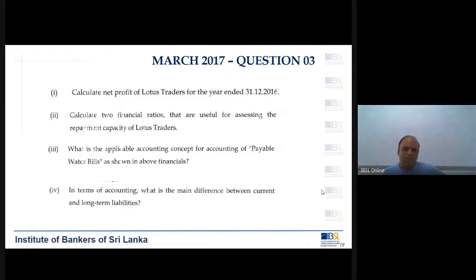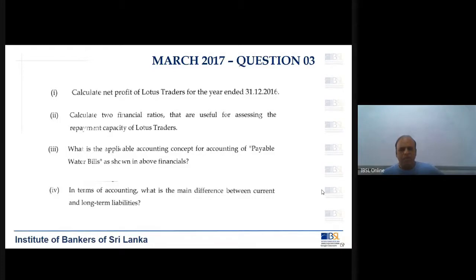We have already learned the concepts. Then the last part, in terms of accounting, what is the main difference between current and long-term liability, which again we are yet to learn, that is LKAS 1. Once we do that, we will come and answer this question. So parts 2 and 4, we are not going to deal with now. We will look at parts 1 and 3.